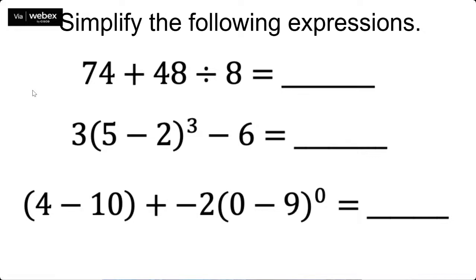Okay, let's see. I'm going to try to work this one out without going to the calculator first, but I'm going to need your help. So let's redo this one, okay? 4 minus 10. You had $4 in your bank account, you spent $10. How much are we going to have once we simplify 4 minus 10?